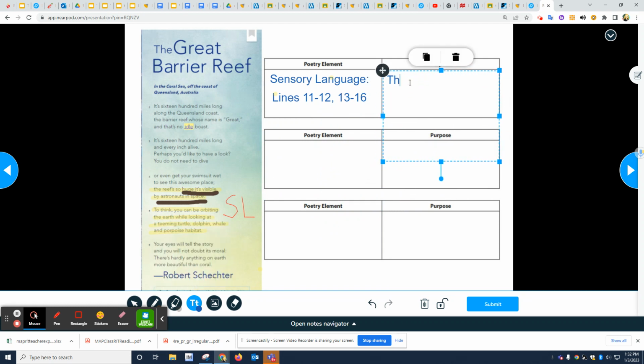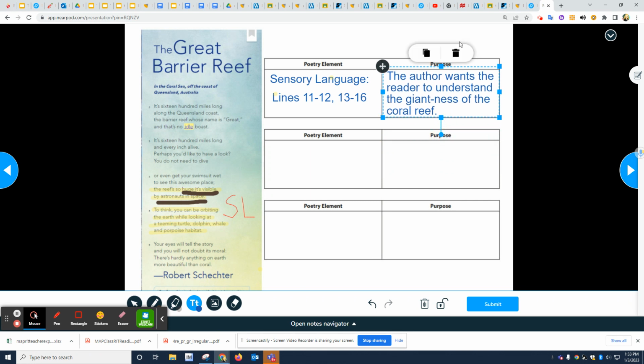I'm going to write the author wants the reader to understand the giantness of the coral reef, how large it is. And I know giantness might not be a word. I'm just going to put it in quotes like that because I want to use that word.